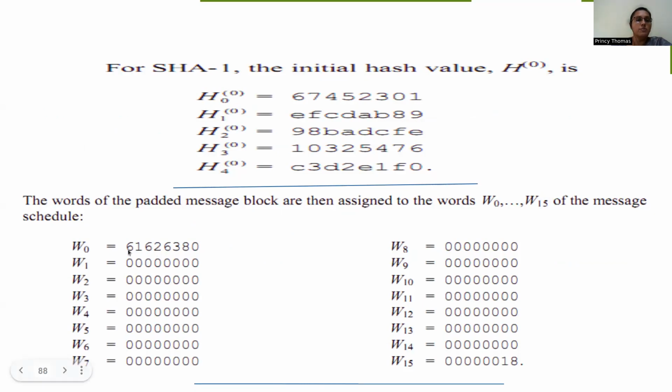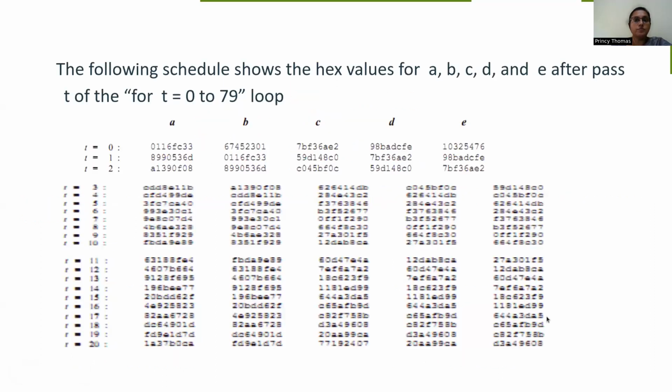The initial message was 61626380, then there are zeros padded, and the length is also appended. Words 14 and 15 are the length, and this is the total message, a message block of 512 bits.